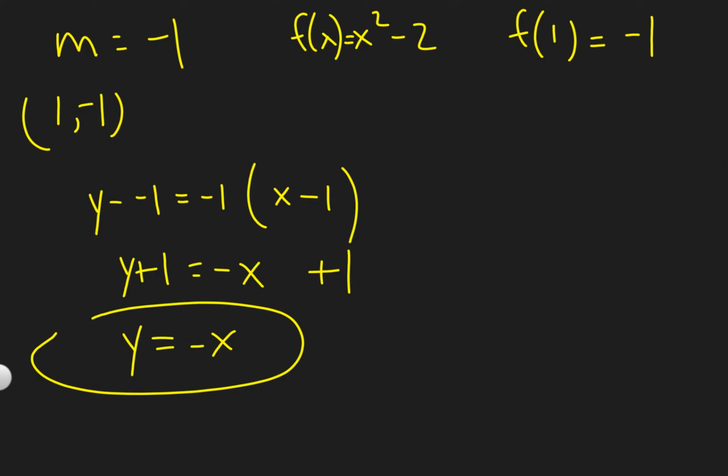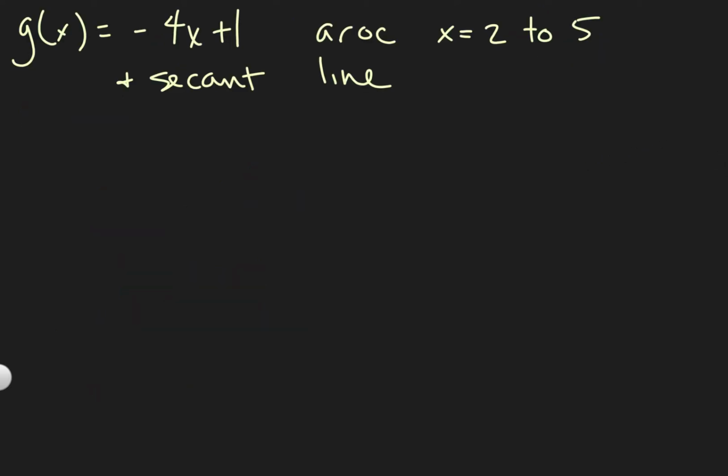All right, next question. Now, again, we're given a function. We're looking for the average rate of change from x equals 2 to 5. Let's do this algebraically first, and then we're going to take a reality check and verify our results.